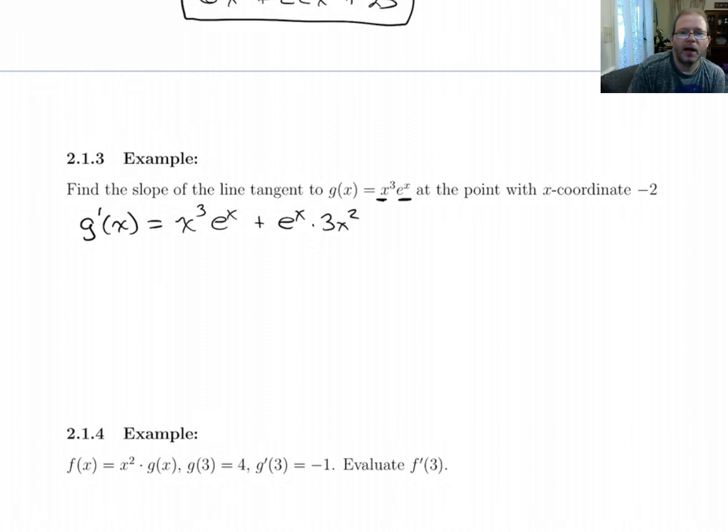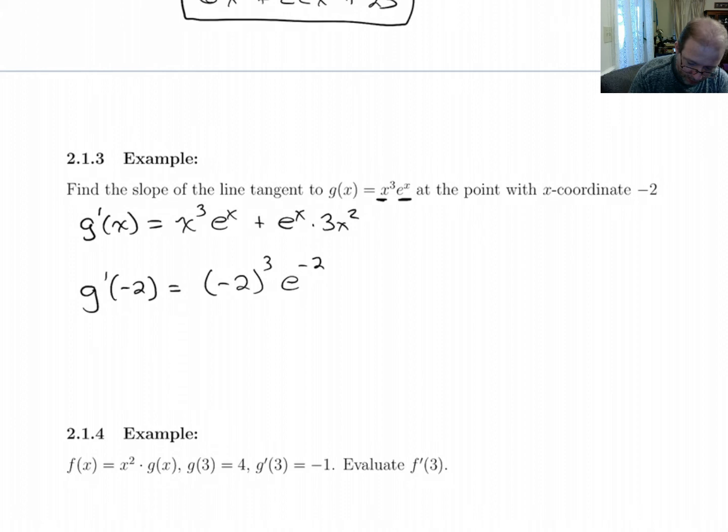I'm not going to factor it this time because all it's really asking us to do is find the slope of the tangent line. So we want g prime of -2. That's -2 cubed e to the -2 plus e to the -2 times 3 times -2 squared.